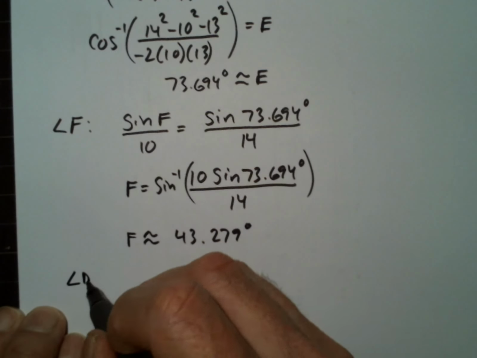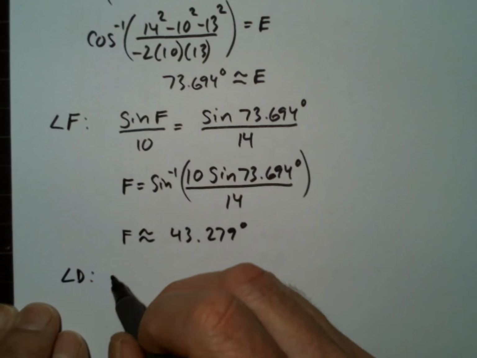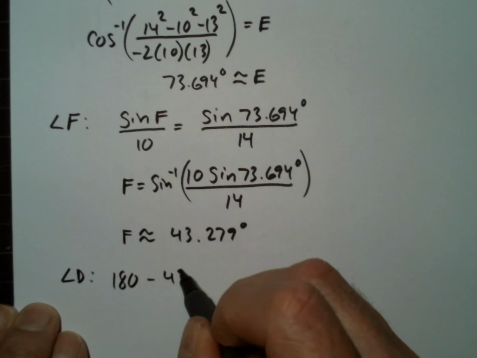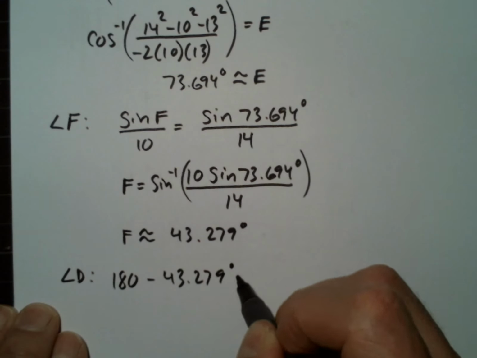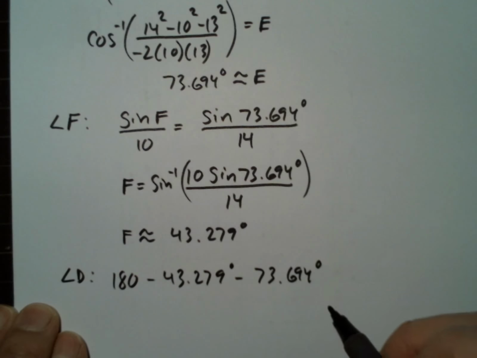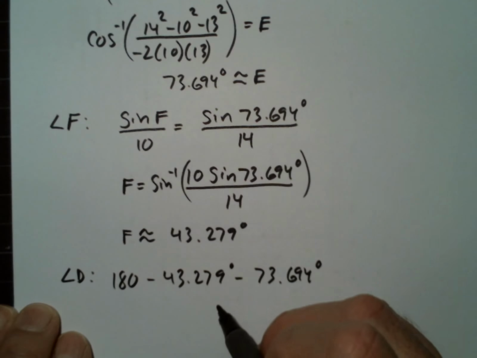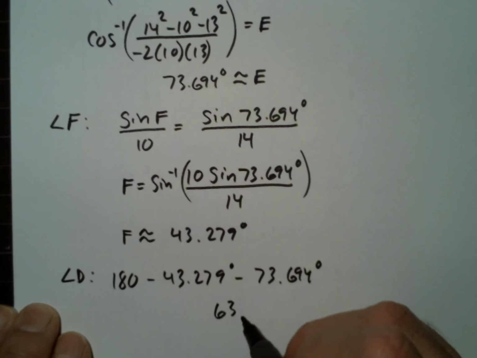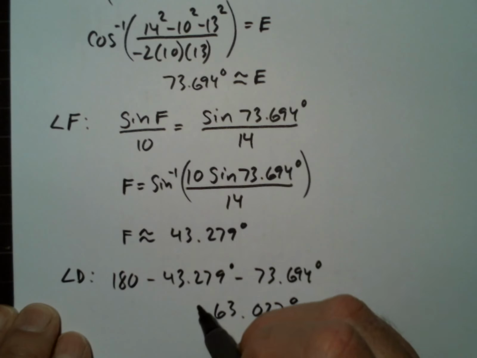The third angle D is just going to be 180 minus the other two angles. And we get 63.027.